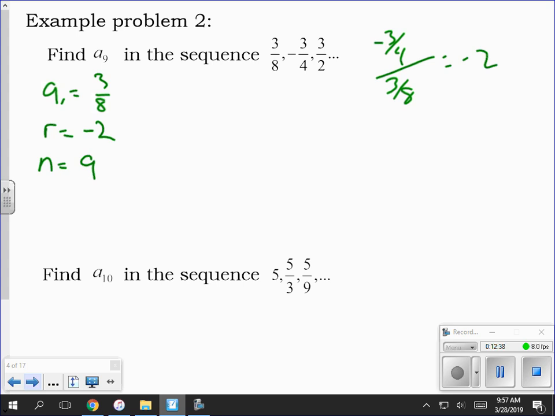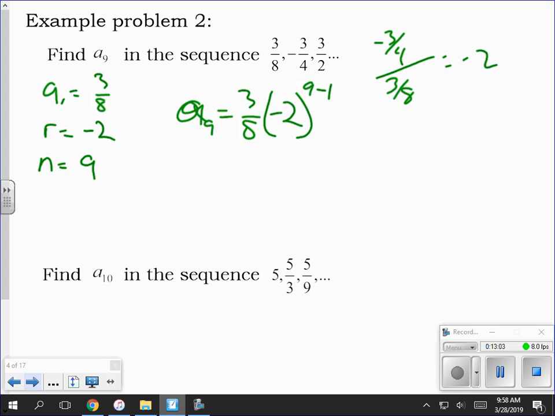Okay? So I set up the formula. A sub n, or a sub 9 in this case, is equal to my first term, 3/8, times R, which is -2, to the n minus 1 power, 9 minus 1 power. Notice I just plug my numbers in.